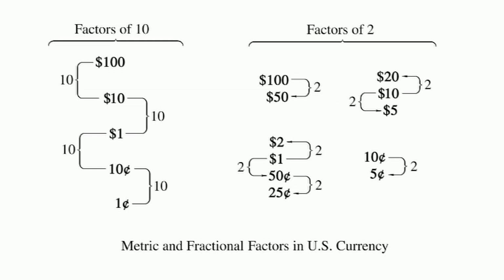Well, that wouldn't be very useful or anywhere near as useful as if you had factors of 2. So for example, half of 100 is 50, so we have a $50 bill. Twice a $10 bill is a $20 bill. We have a $5 bill. A $1 bill, we can multiply it by 2, we have a $2 bill.